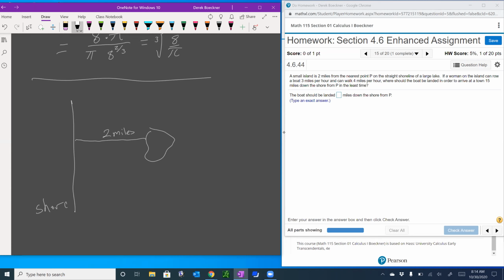A woman on the island is in a boat. And she can row 3 miles an hour and walk 4 miles an hour. And we want to go down shore 15 miles to town. And so she's going to row to shore and then walk.